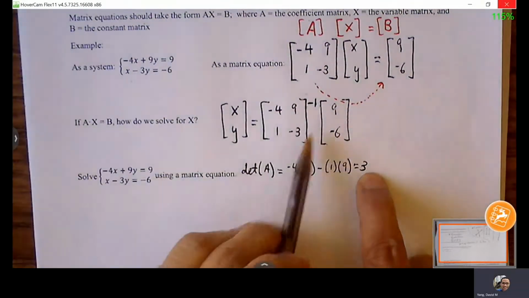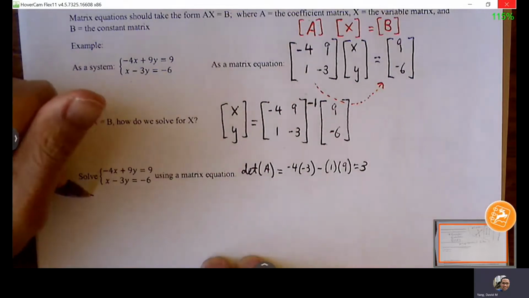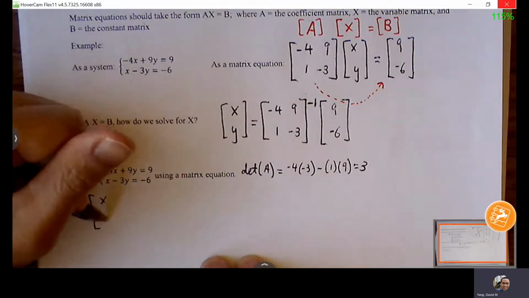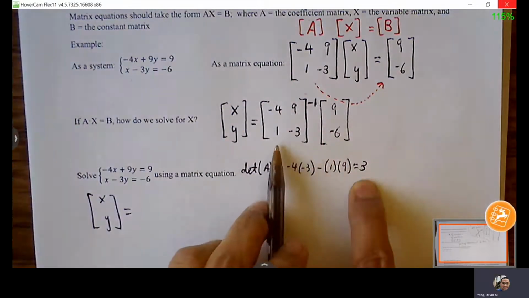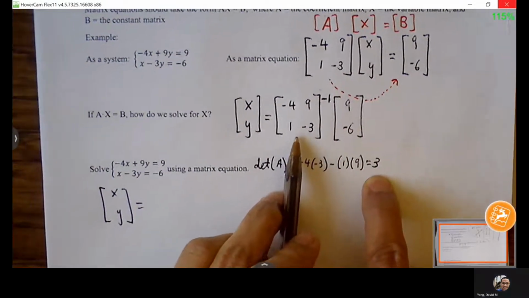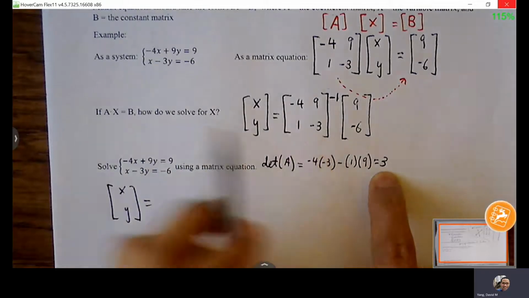Okay, so let's do the inverse here. I'm going to use as much room as I want here. And know that 1 over the determinant goes out in front.